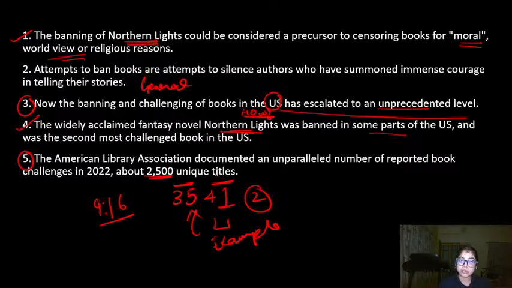But contextually or thematically, statement 2 is actually least relevant as compared to all the other statements, because here it's talking about the consequences of banning of the book.